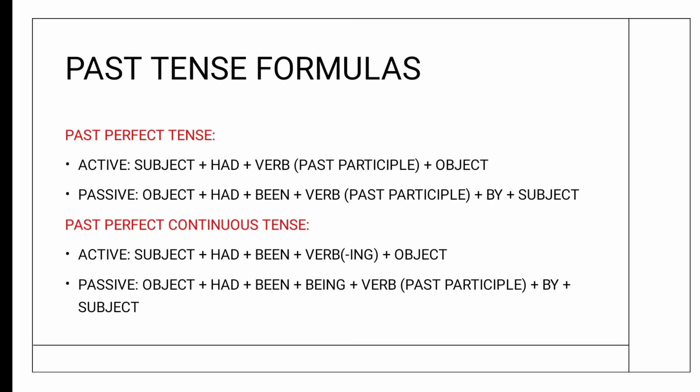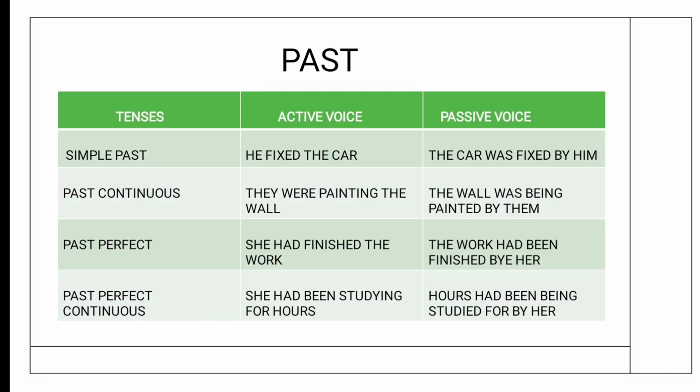So let us understand clearly with examples. Past tense, simple past, we know the formula: subject plus V2 plus object, very simple, right? Now we have to convert it into the passive voice. What is the first thing? The object of the active voice will become the subject of the passive voice.